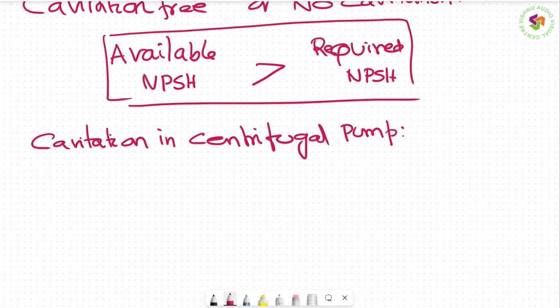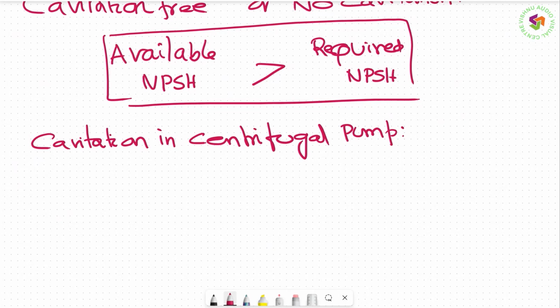All this cavitation phenomenon depends on only one factor: the pressure at the inlet of the pump, because we get vacuum or suction pressure only on the suction side of the pump. At the entry point, the pressure is more than atmospheric pressure in the sump.